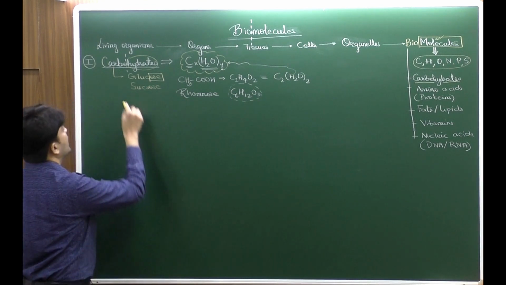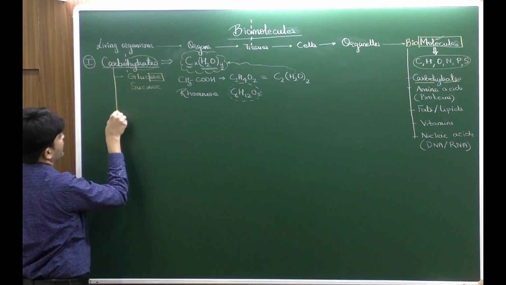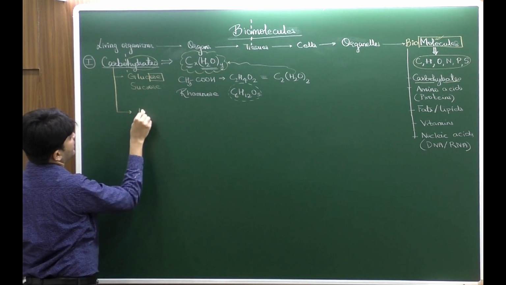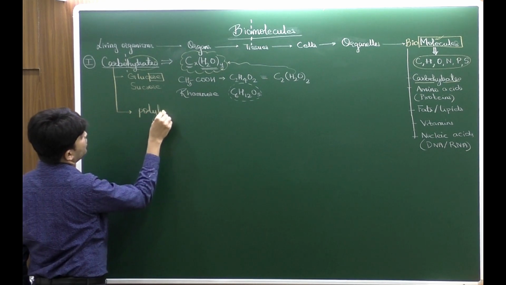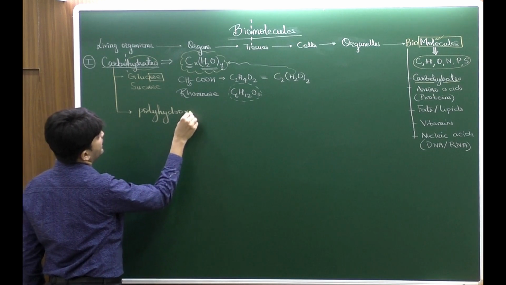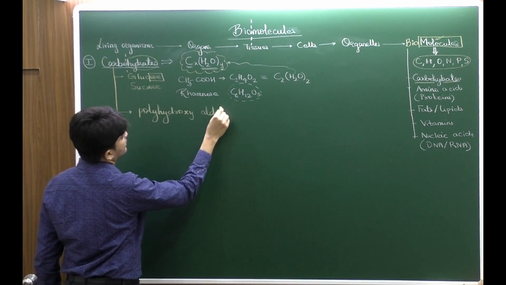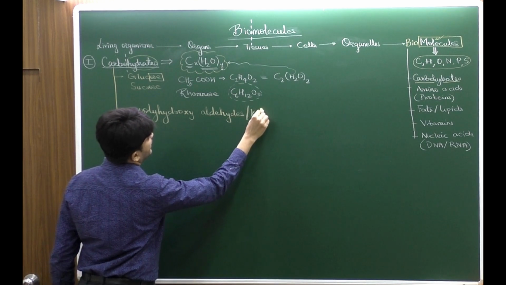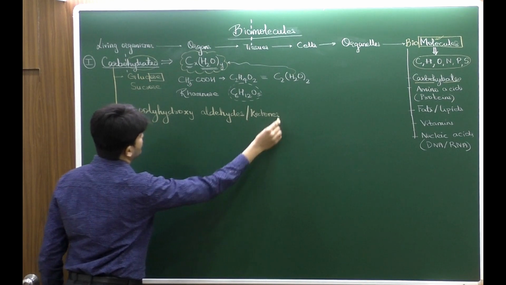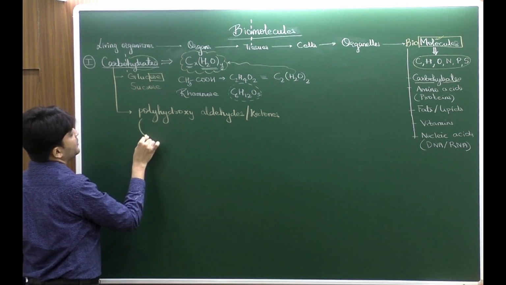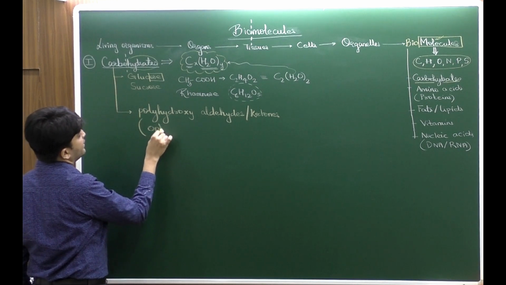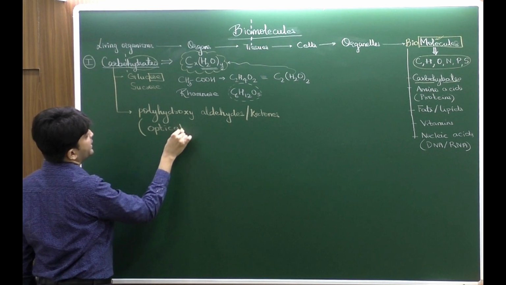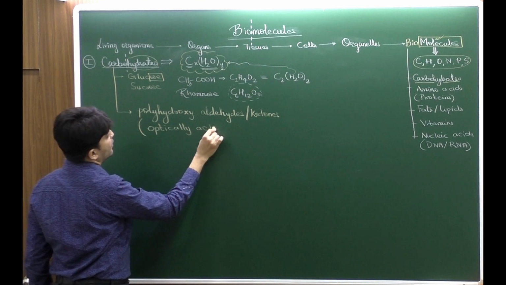Let's understand. Carbohydrates, with the chemical reactions, were observed to be polyhydroxy aldehydes or ketones. In simple words, they are polyhydroxy aldehydes or ketones, and they contain chiral carbon in them. That is why they were found to be optically active.